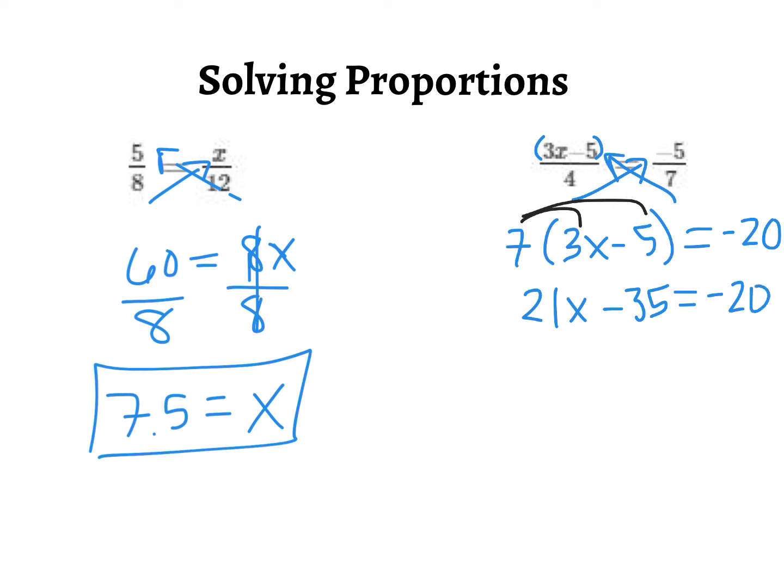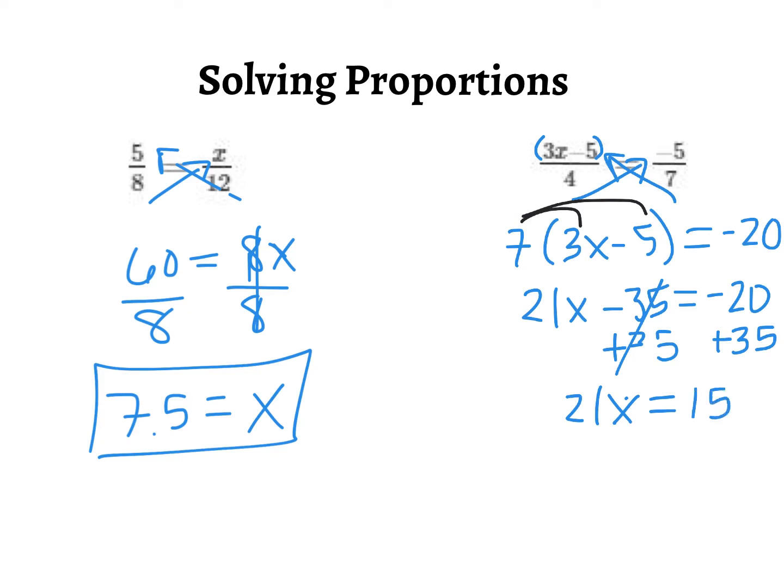To isolate the variable and leave x by itself, I add 35 to both sides. Leaving us with 21x equals 35 minus 20 is 15.